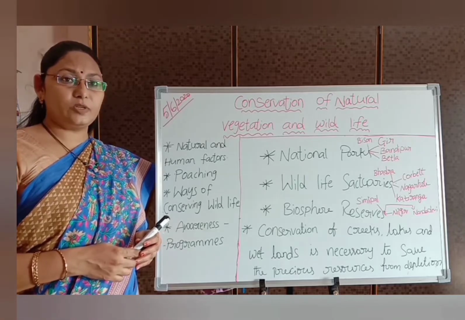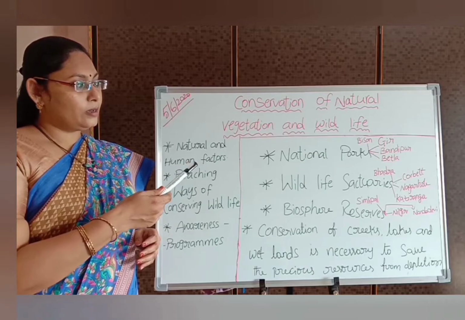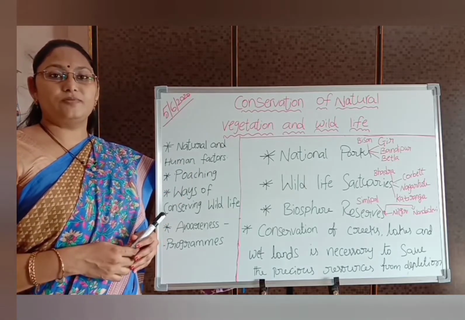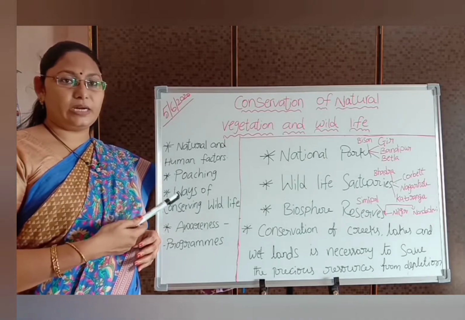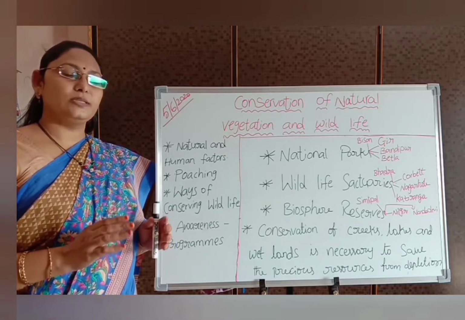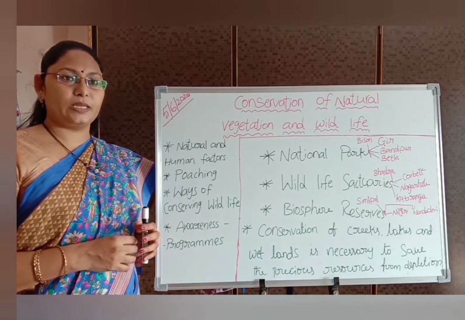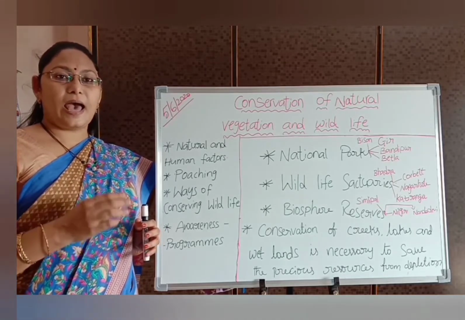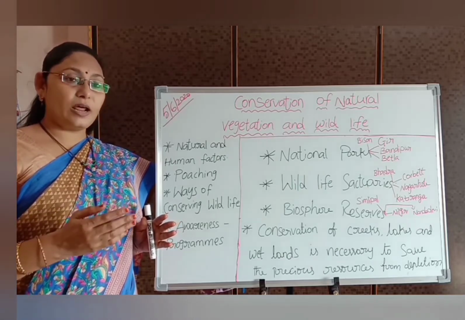The second one is establishment of wildlife sanctuaries. In India, we have Bhadra, Corbett and many more wildlife sanctuaries. So what is the difference between national parks and wildlife sanctuaries? Both are the same and both do the same work, but there is a slight difference between these two. A national park gives shelter and protects the animals of all the species, and takes care of flora and fauna also.